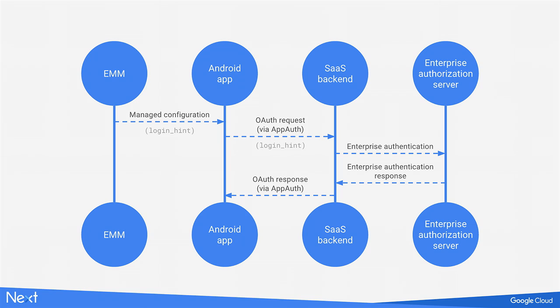We're going to talk about exactly how you get that configuration down to the mobile app a little bit later. So the Android app's now got this login hint. This is probably the user's username. The app can then send that down to the SaaS backend and then onwards to the auth server and determine which is the identity provider to use.